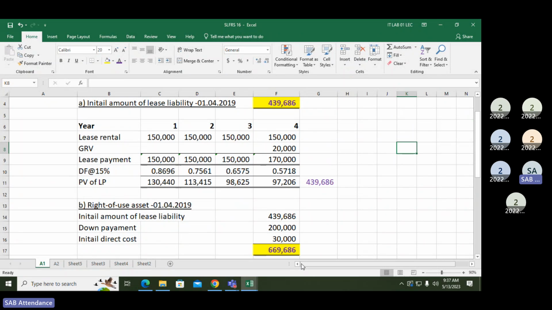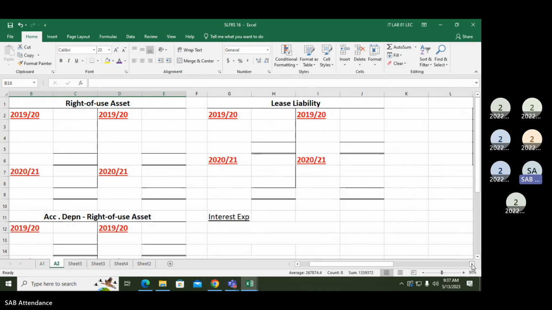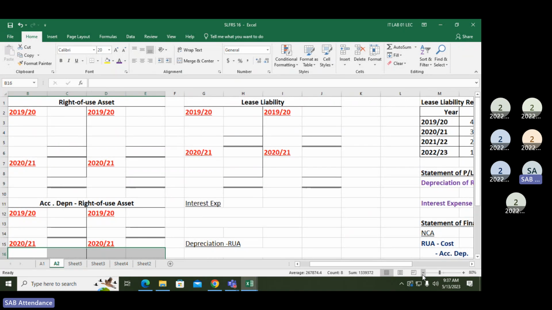Now we can prepare the relevant ledger accounts. We need to prepare the right of use asset account, then the accumulated depreciation of right of use asset account, and the lease liability account. And I will prepare it for a 2-year period.